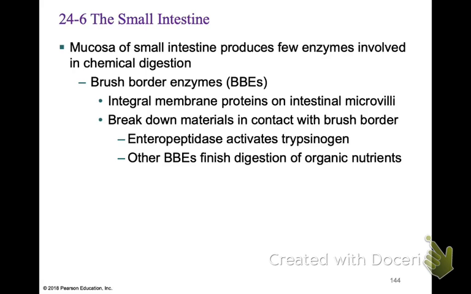The enzymes of the small intestine are mostly embedded in the intestinal microvilli. That is, the epithelial cells of the intestinal microvilli, mostly at the tips, have these enzymes sticking out. We call them brush border enzymes. And chief among these is one called enteropeptidase. That's the one that activates trypsinogen. Remember, trypsinogen came from the pancreas.